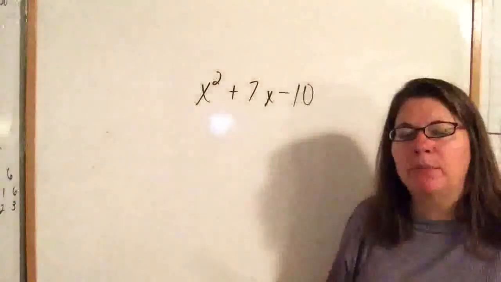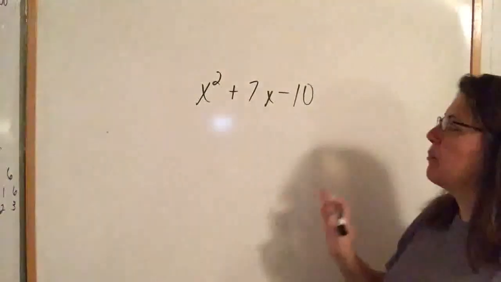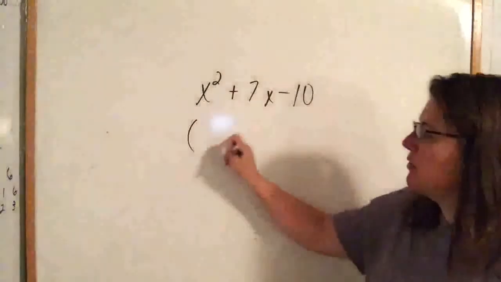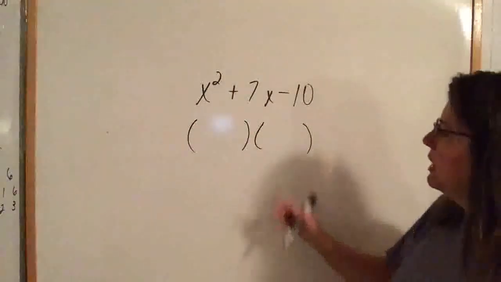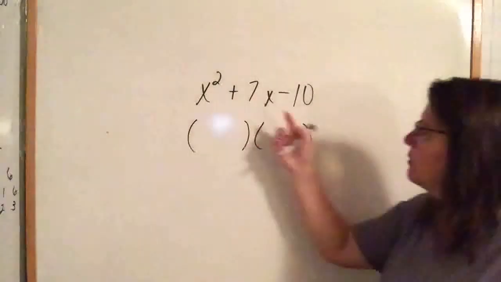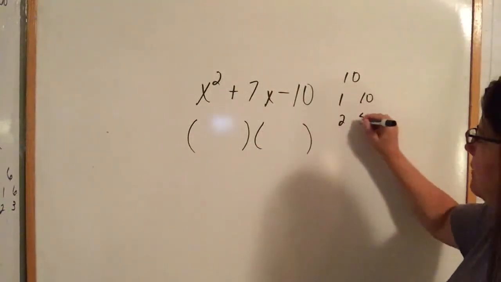Here's one more that I want to point out that you'll see sometimes, and there's a common mistake with a problem like this, so I want to make sure I point this out to you. If we were to try to factor this, we're looking for factors of 10 that will subtract to give you 7. Well, if you think about factors of 10, we've got 1 and 10, 2 and 5.